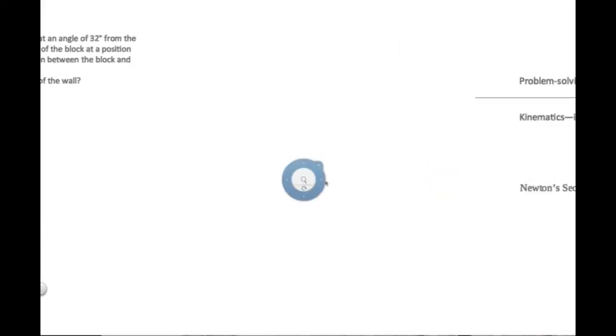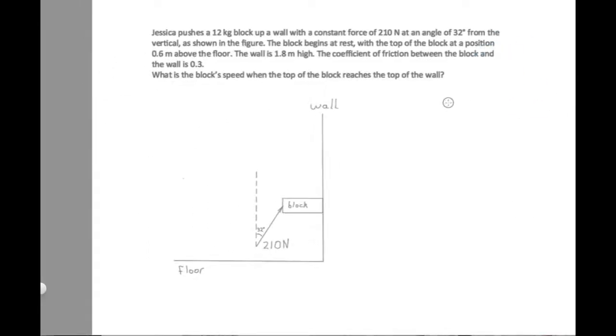So this will not be projectile motion. Instead, it's going to be general one-dimensional kinematics. I'm calling it general because it's not projectile motion, and it's one-dimensional because the object will be moving in a straight line. In this case, the object will be moving vertically, in a vertical straight line. That's one-dimensional motion.